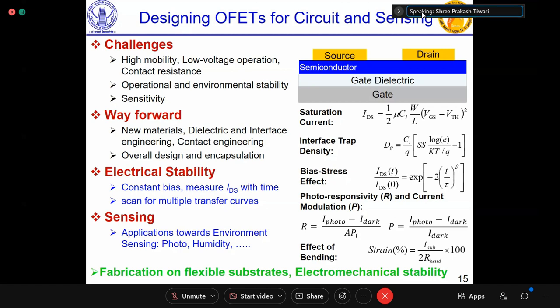So you can also think about the effect of bending. What happens when these devices are bent? When you bend this device, there is something called strain. So there is a strain which is applied on the semiconductor. Now this strain can be compressive or the other way, so two kinds, tensile and compressive strain, can be applied.